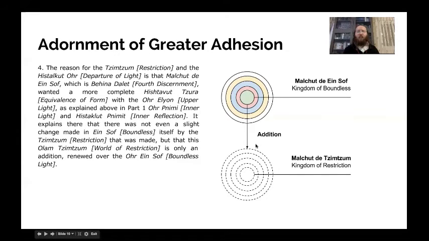And then that copy, that addition, goes through, we'll see in the next slide, 4 phases, and then finally does a restriction, and then leaves memories of all that calculation. So the difference between the ego and the soul is that the ego is, you could say, like fuel, but it's not purposeful, it's not goal-oriented.